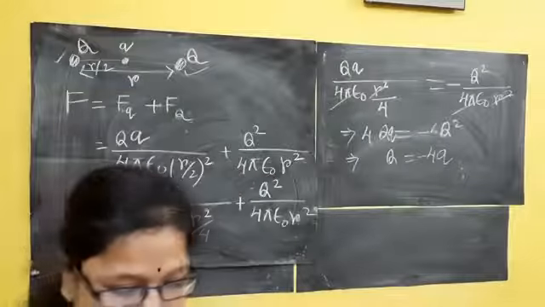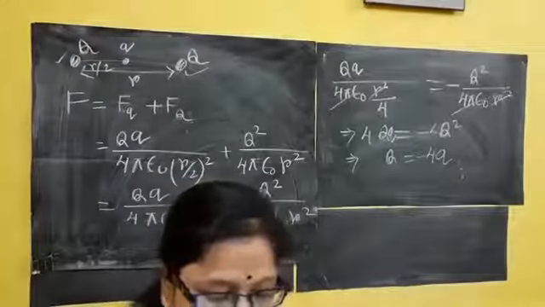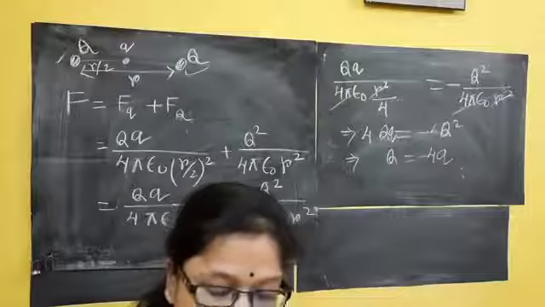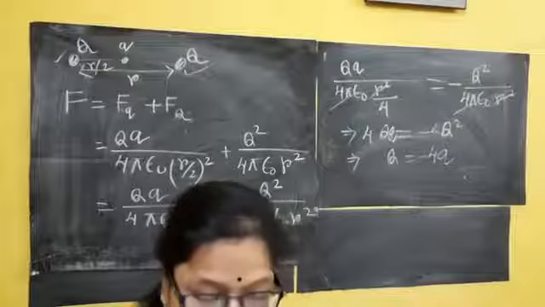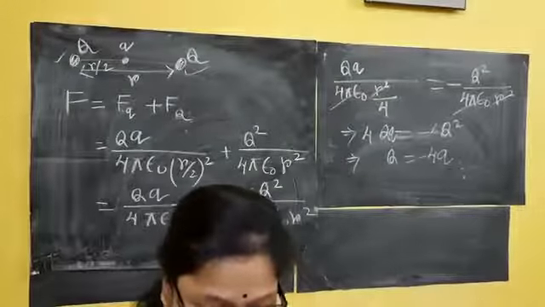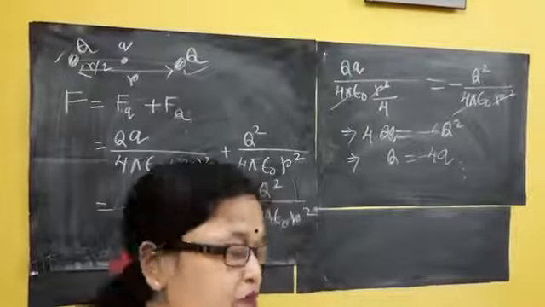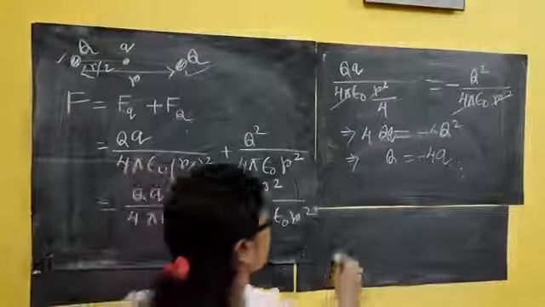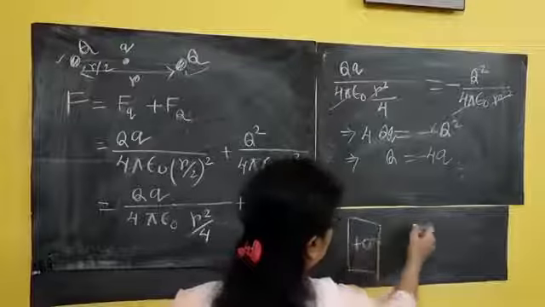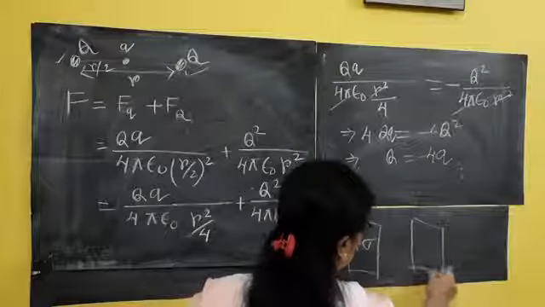Now next one, question number 18 I am coming. Show that electric field intensity between two identical closely spaced metallic plates with surface charge density plus sigma and minus sigma is sigma by epsilon 0. That we had done, means two parallel sheets are there, one having plus sigma, another having minus sigma.